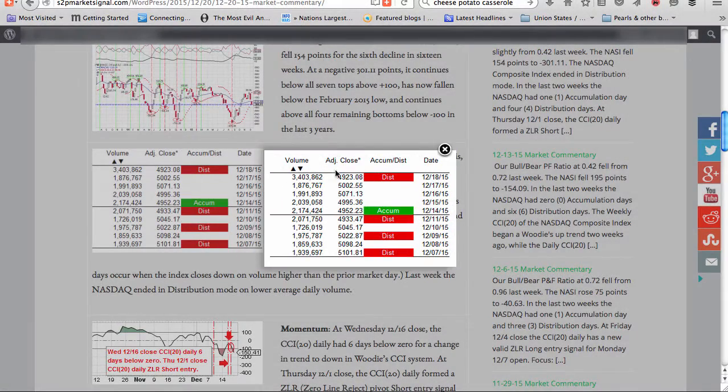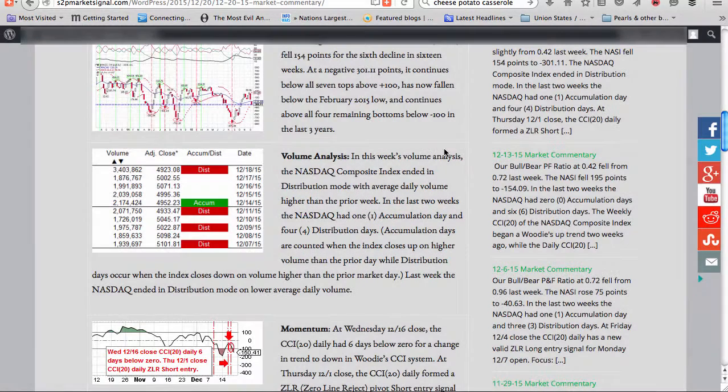Volume analysis. In this week's volume analysis, the Nasdaq Composite Index ended in distribution mode with average daily volume higher than the prior week. In the last 2 weeks, the Nasdaq had 1 accumulation day and 4 distribution days.